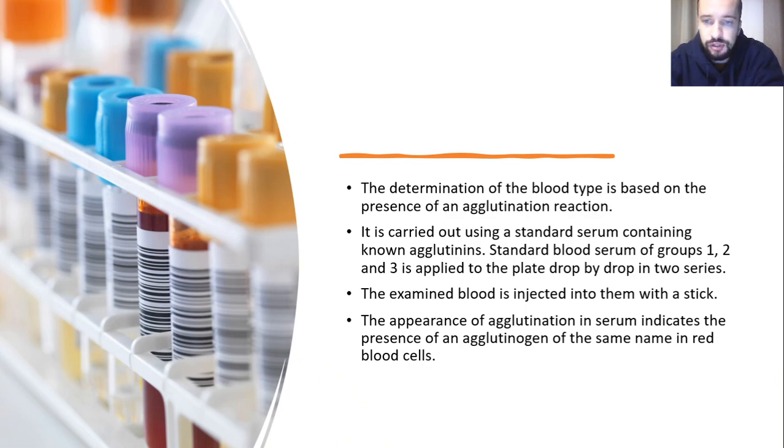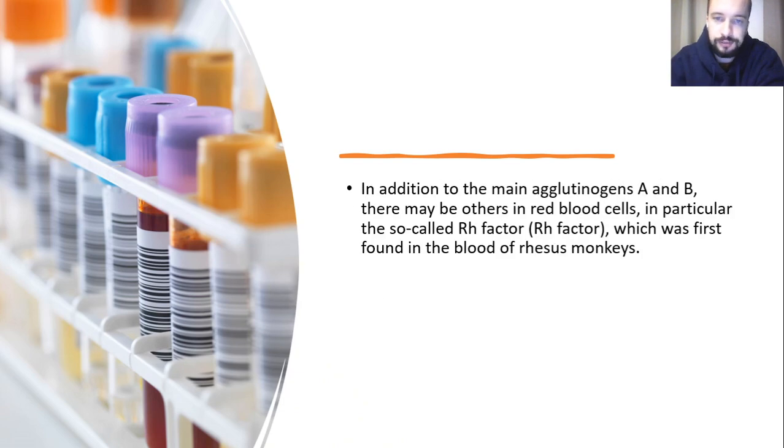The appearance of agglutination in serum indicates the presence of an agglutinogen, antigens of the same name in red blood cells. Maybe it's not understandable for you, but you can watch the video. The link I will give you under this video, in the comments, and you will see there how it happens.